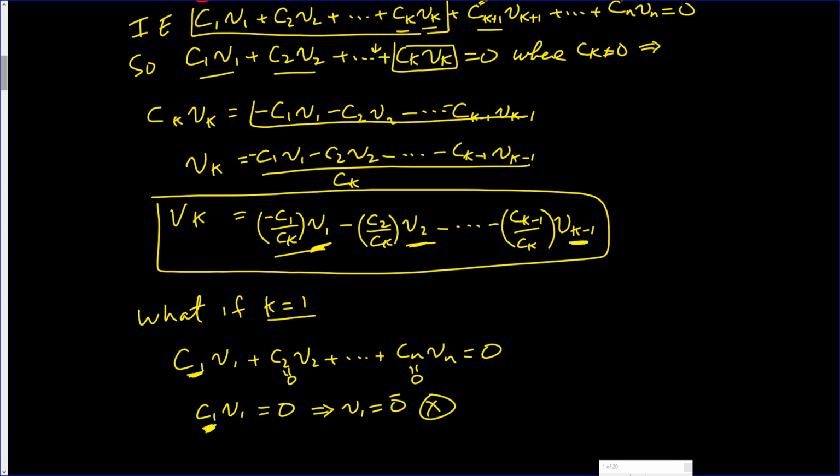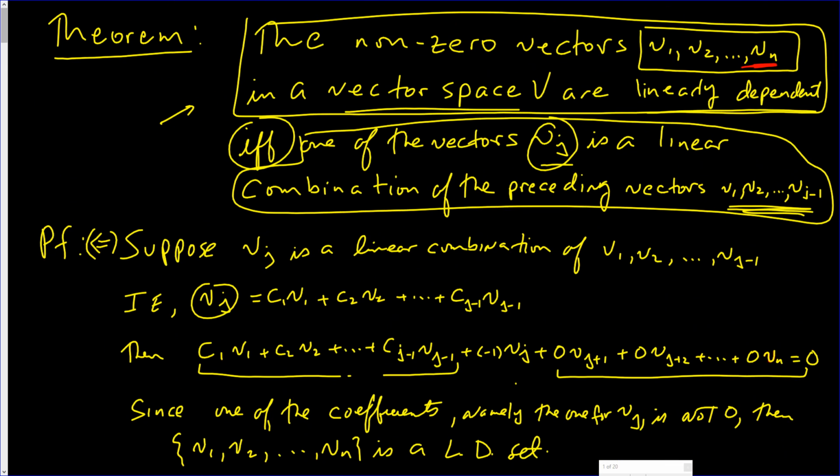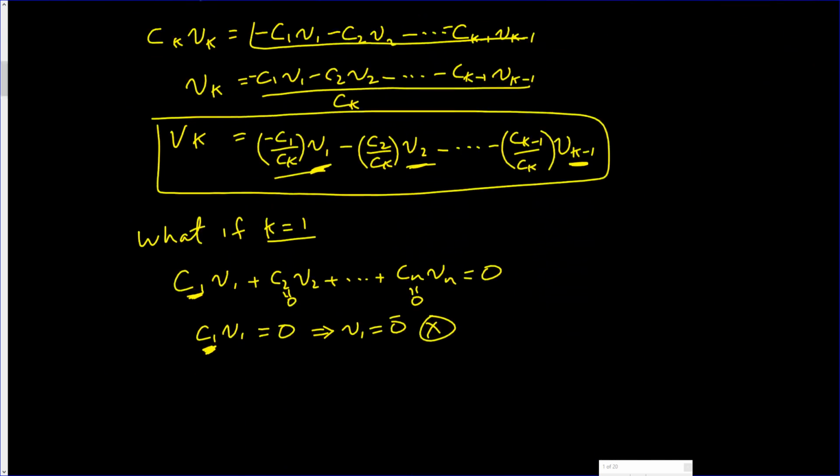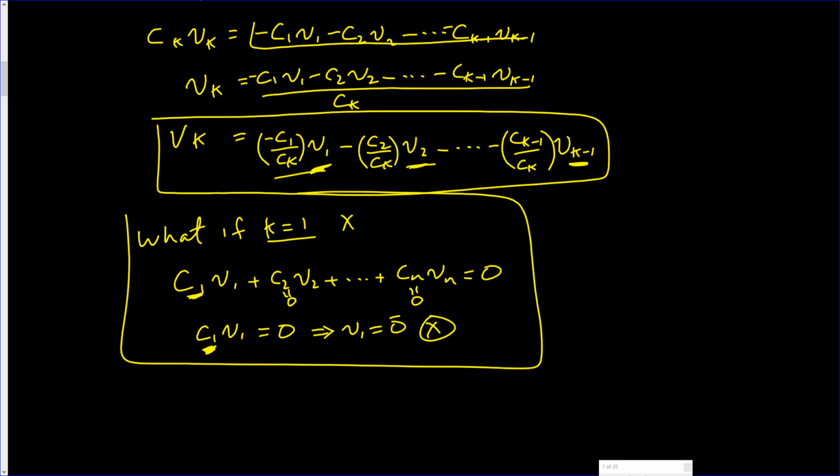That's a contradiction, because at the beginning we said the non-zero vectors V1 through Vn are none of them the 0 vector. So k can't be 1.